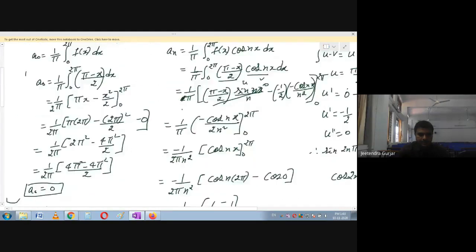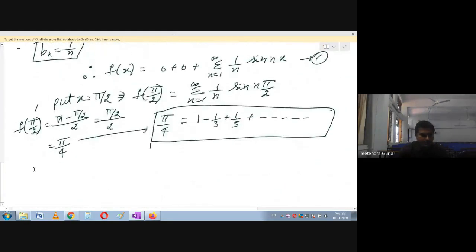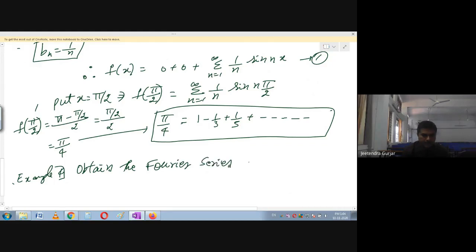Is it clear, students? Have you understood everything? Yes. Now please try the next example number 4. Very simple, students, you can just take any interval and calculate. First obtain the Fourier series. Yes, please try yourself to represent f of x.